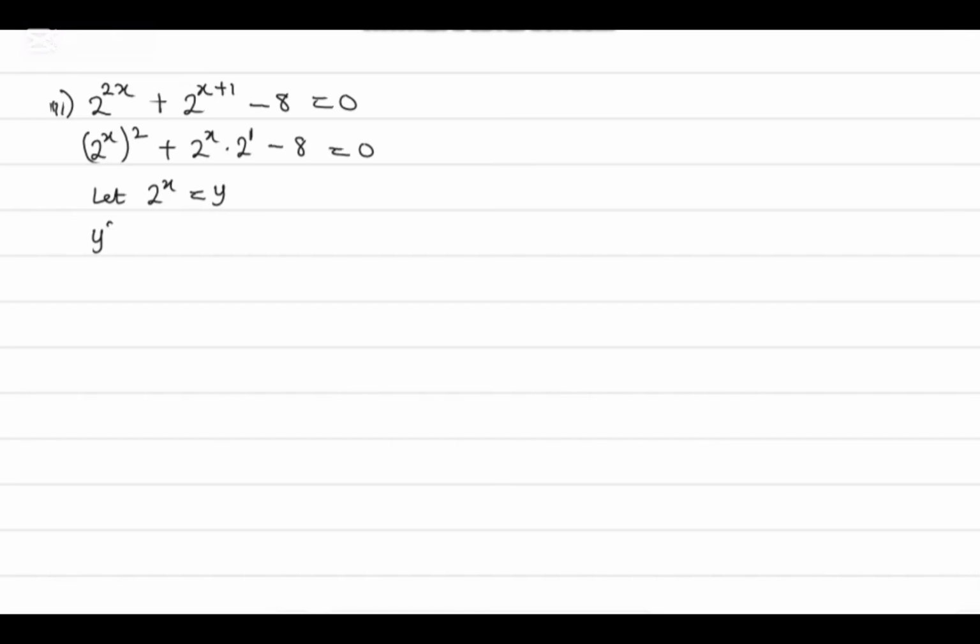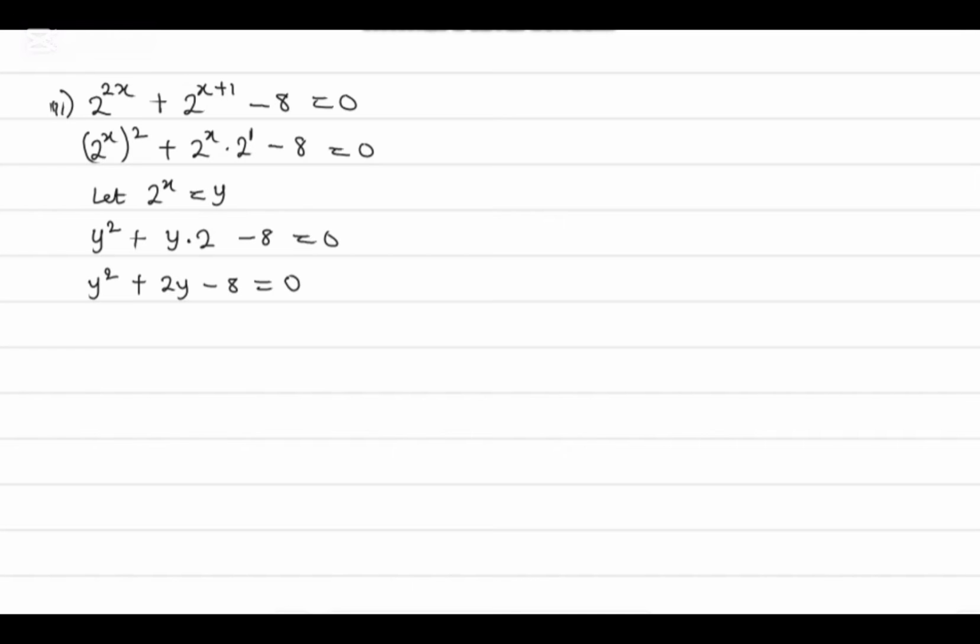That gives y squared plus y multiplied by 2, because 2 raised to the power 1 is 2, minus 8 equals 0. So we have y squared plus 2y minus 8 equals 0. So I can factorize this now.